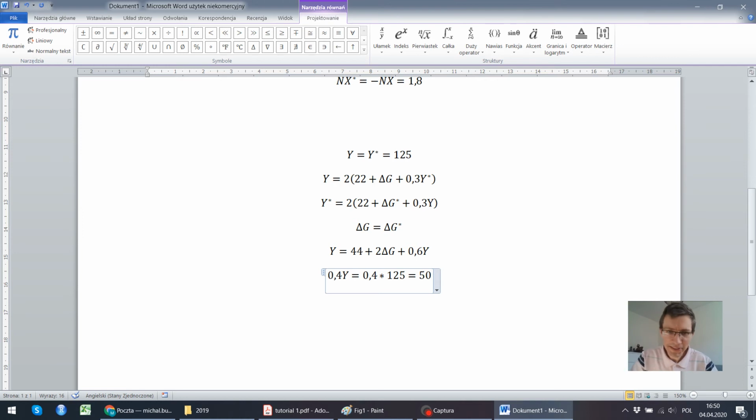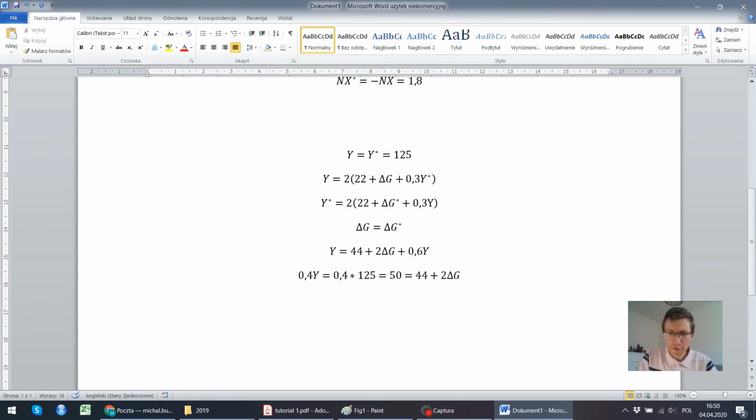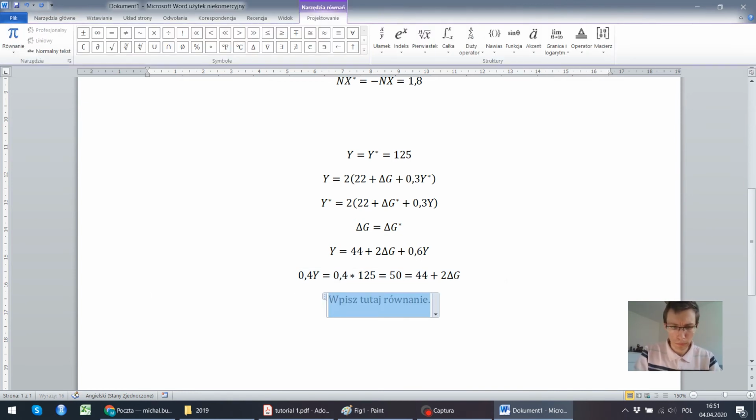Yeah, 50. Okay, cool. Getting old. This is equal to 44 plus 2 delta G. All right? So what we are left with is that 2 delta G is equal to 50 minus 44, which is equal to 6, so that, okay, delta G is equal to 3. And is, of course, equal to delta G star. All right. Okay.